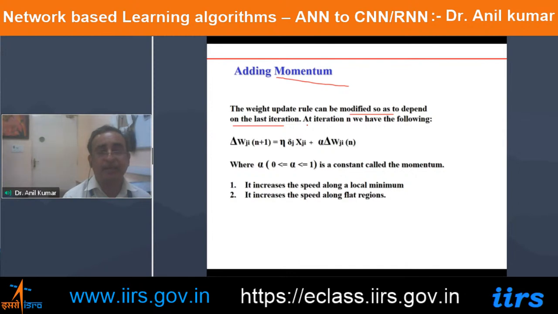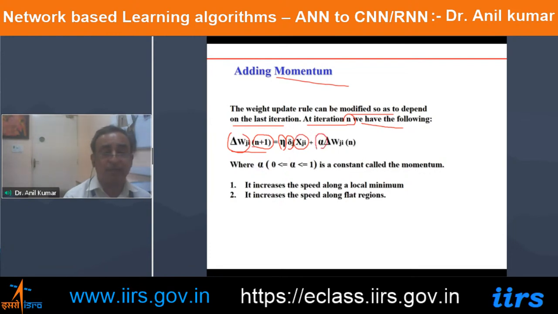If the next iteration is n+1 for adjusting the weight value, then the weight adjustment at the n+1th iteration is equal to eta times the error at the output times the input coming to each neuron, plus alpha.